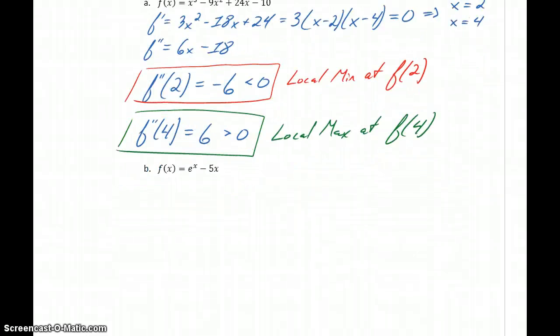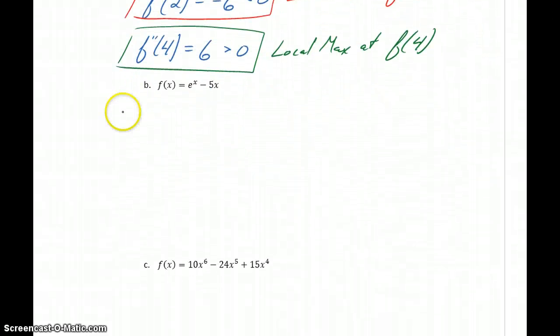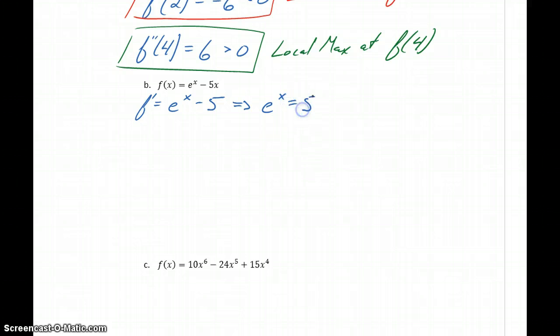Now we want to do exactly the same thing in part B. So we'll start off again by finding the first derivative of our function, which will be e to the x minus 5, which tells us that e to the x is equal to positive 5.